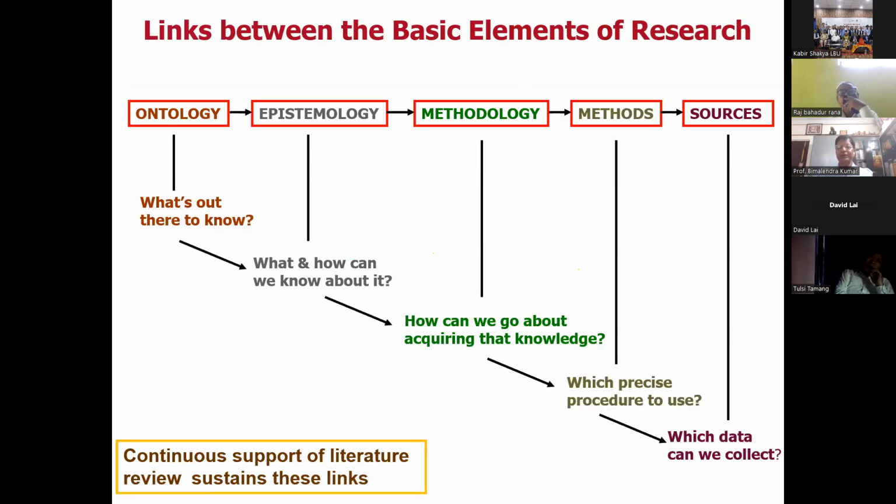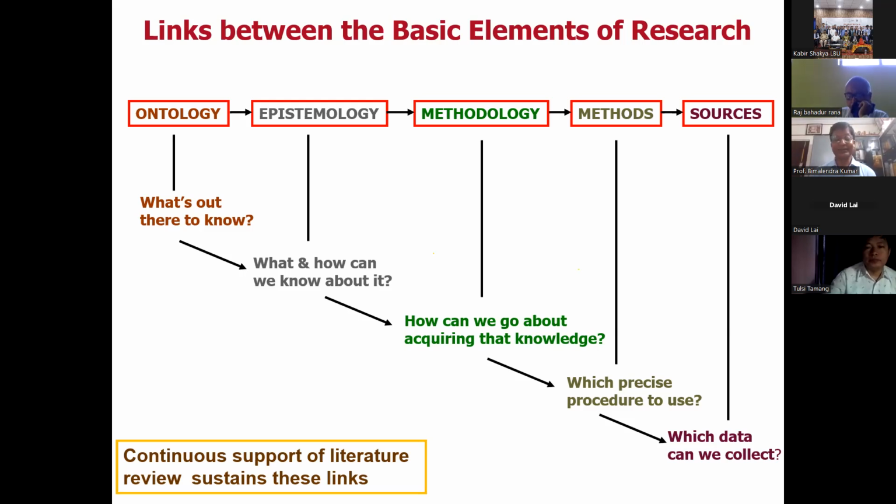Now we are coming to the philosophical and epistemological aspects of our research process. See, there are some things: ontology, epistemology, methodology, methods, and solution.